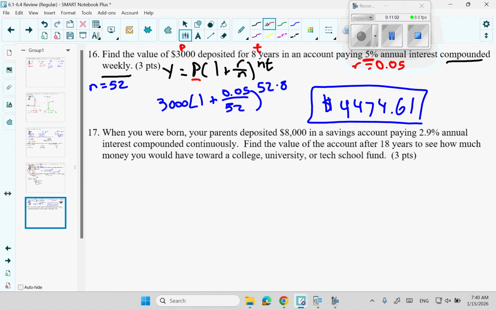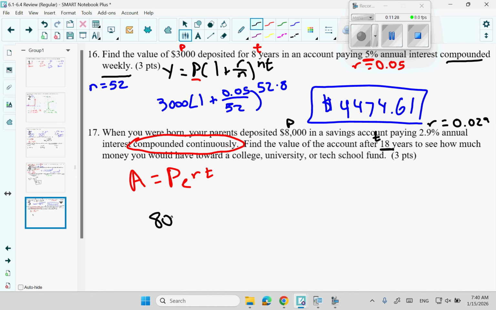Okay. This next one says compounded continuously, so that's a third formula. Anytime you see compounded continuously, you have to use this formula right here. But good news, mostly everything else stays the same. p is still my starting amount, so 8,000. My r, I have to convert to a decimal, so 0.029. 18 years is going to be my t.